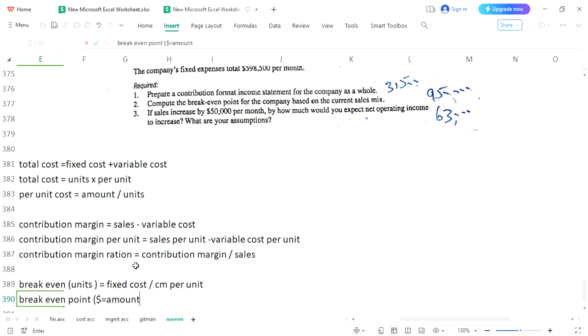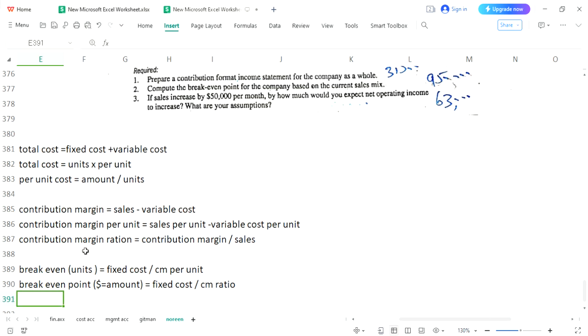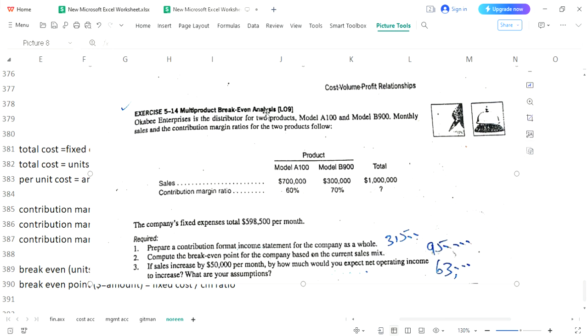If you need to calculate your break even sales, or break even in terms of amount, you take fixed cost and divide it by CM ratio, and CM ratio is calculated over here by dividing contribution margin by sales. Every concept written over here is directly or indirectly associated with every question. That is why we usually write it before starting our question.